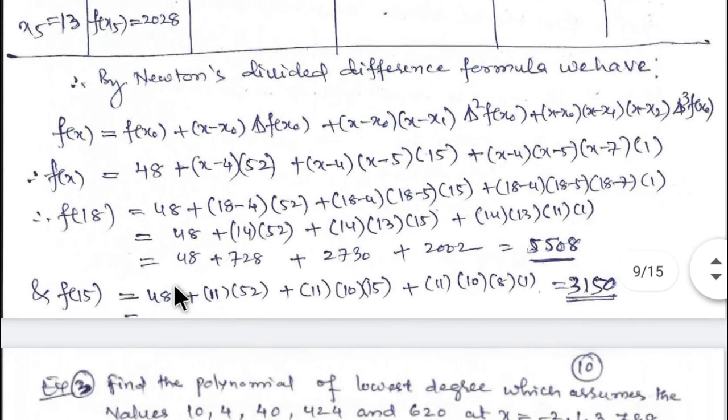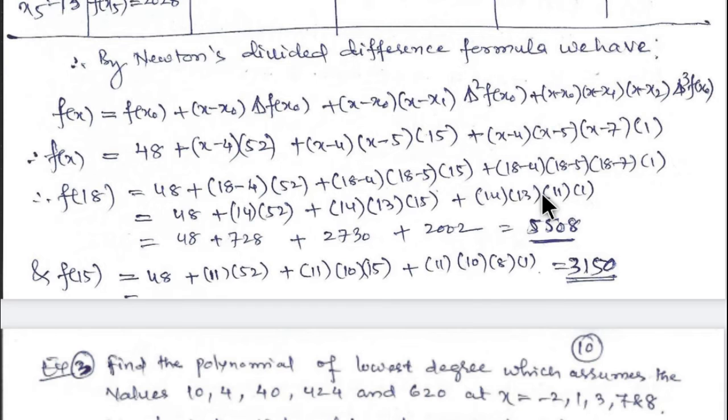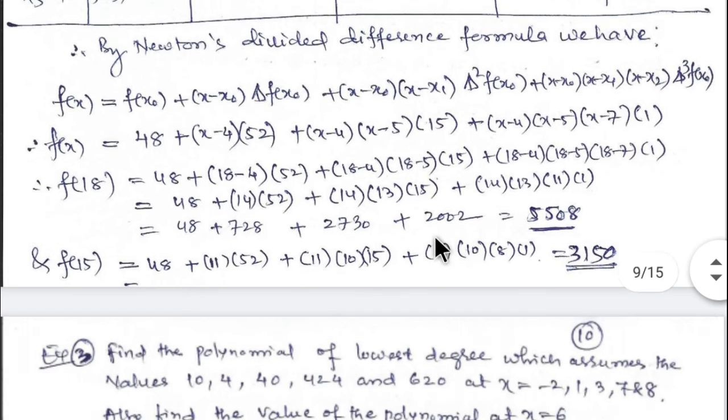Okay, this is all you simplify. We get this equal to 48 plus 728 plus 2730 plus 2002. Okay, now the f(x) formula is ready.